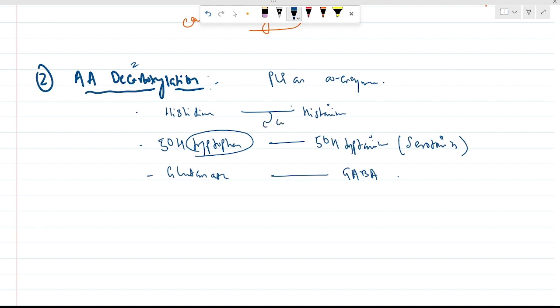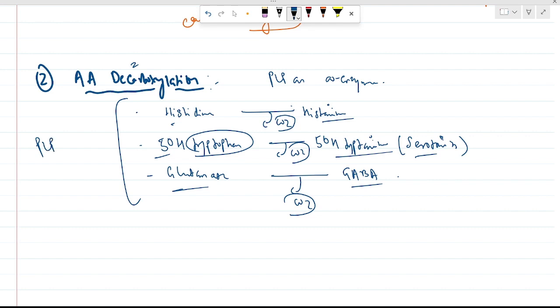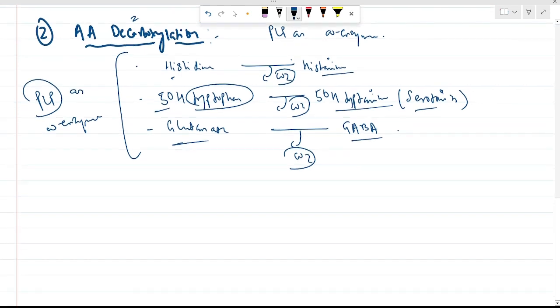All these decarboxylation reactions occur by removal of CO2. Histidine upon removal of CO2 forms histamine, 5-hydroxytryptophan forms serotonin, and glutamate forms GABA. All of these require PLP as coenzyme.